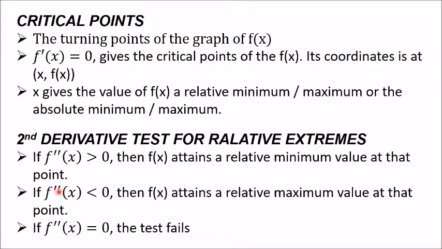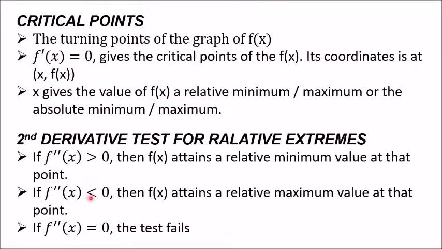Kapag naman, i-substitute natin yung critical value ng x dito sa second derivative and then ang kanyang sagot ay less than 0 or negative, yung sa taas is positive. Pag negative siya, yung function natin ay magkakaroon ng relative maximum sa value ng x na yan.